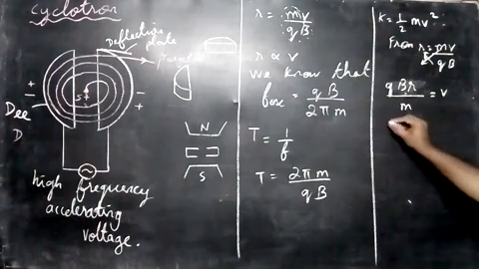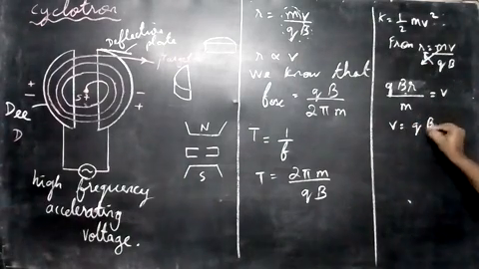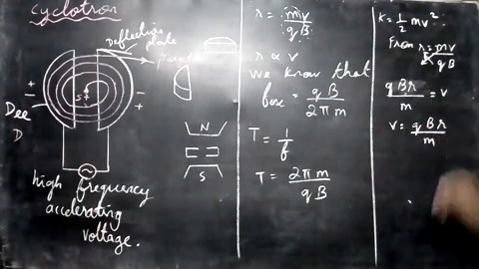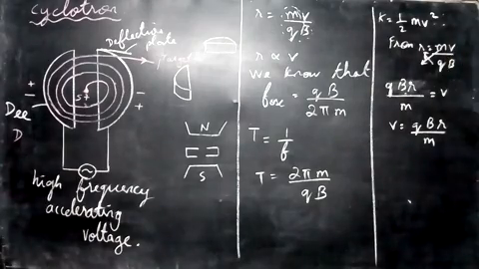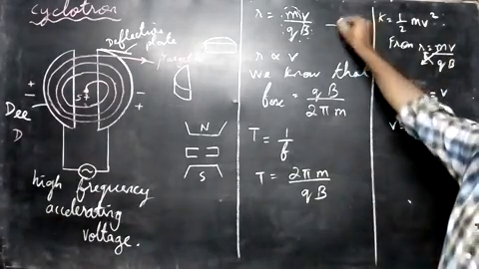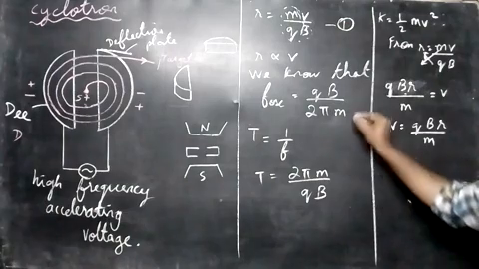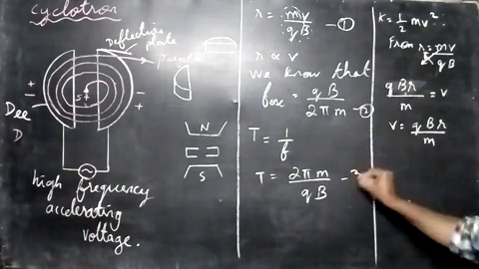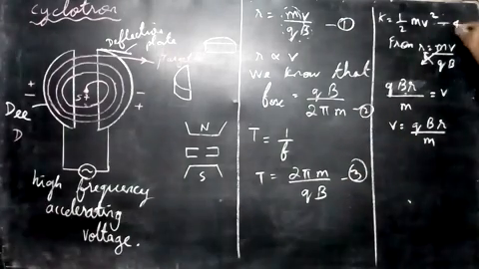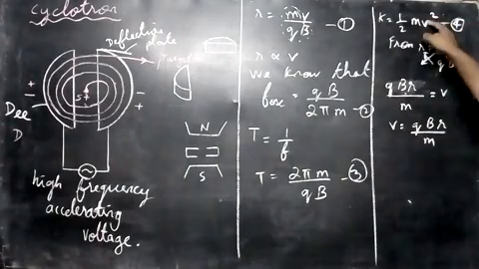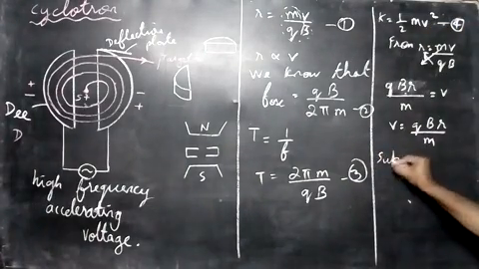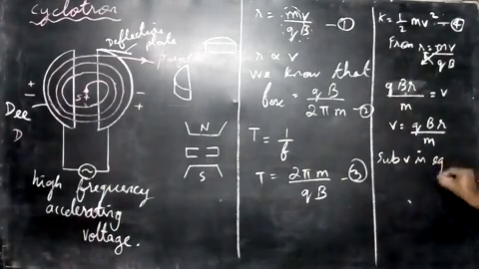Rearranged, v is equal to qBr by m. Let us name some equations here. This equation is 1, this one is 2, this is equation 3, and this is equation number 4. So substitute v in equation 4.